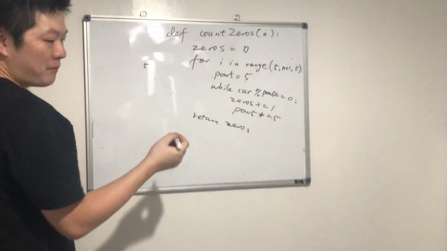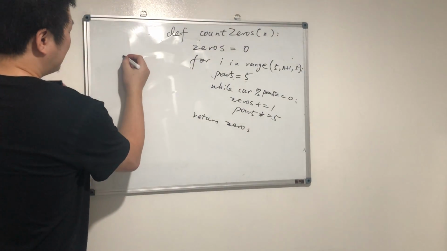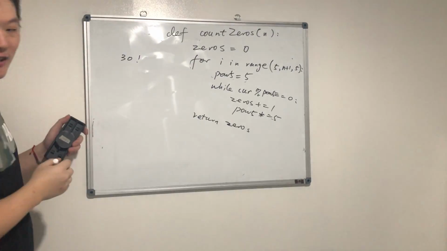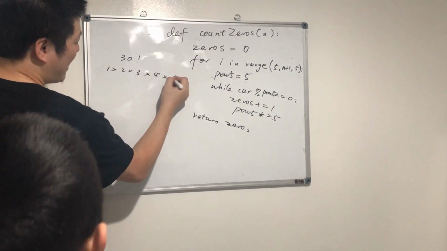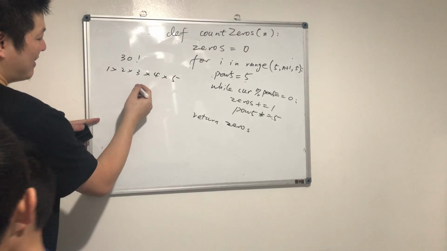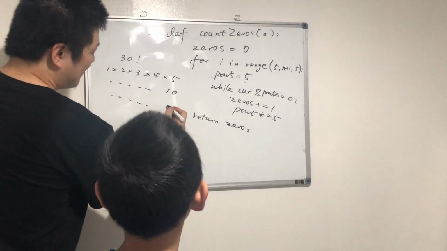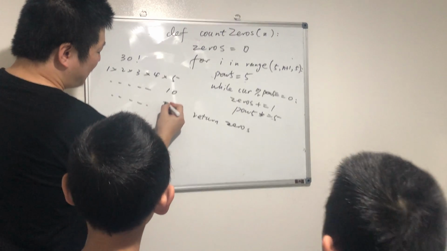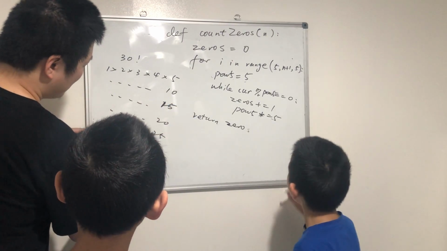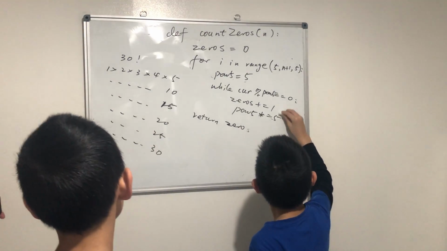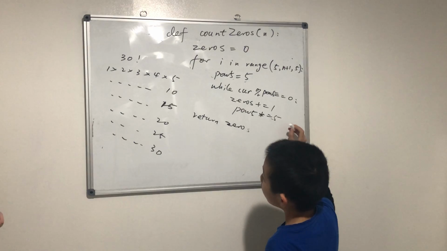Look, 30 factorial equals 1 times 2 times 3 times 4 times 5, then 10, 15, 20, 25, 30. That's a lot to calculate.